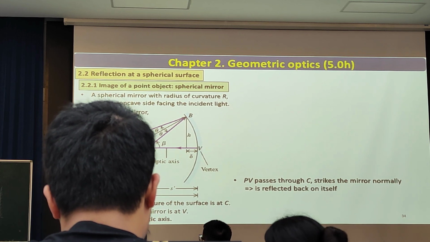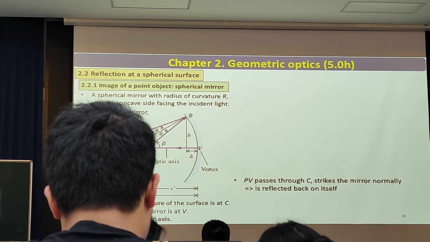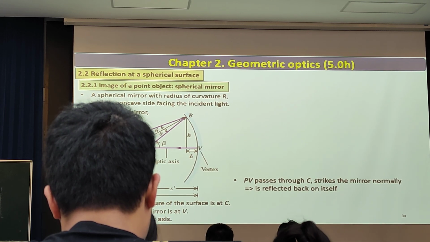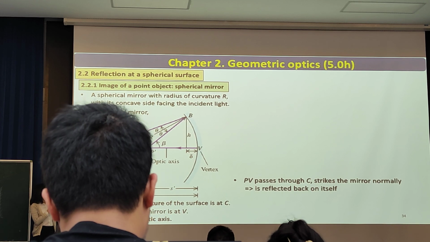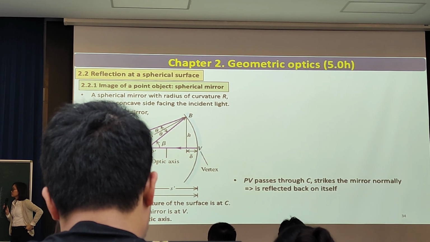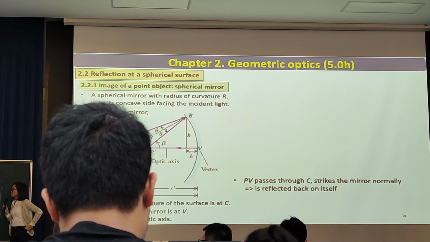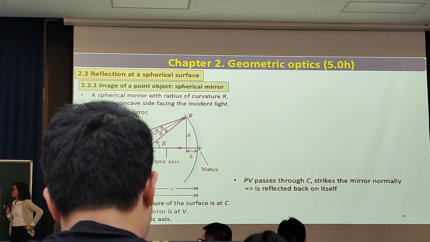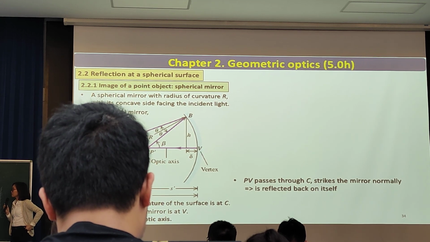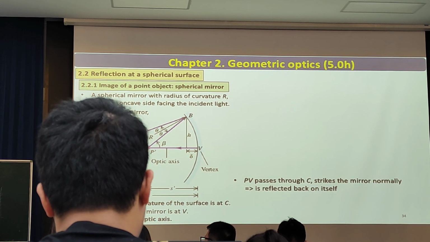Yes, so incoming PB, and I already drew the normal for you, which connects B and C. So where is the reflecting ray? Yes, good. Good.